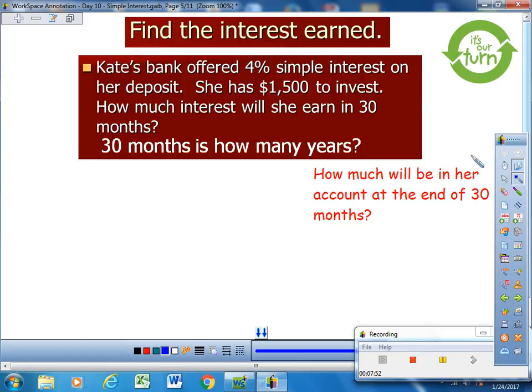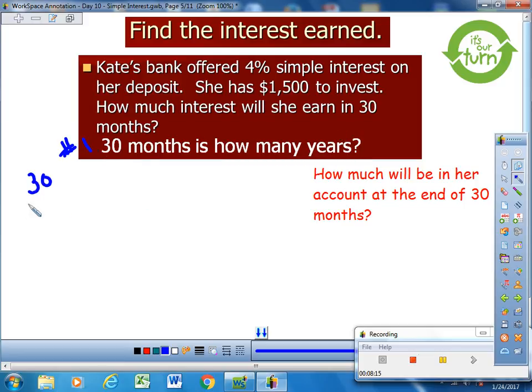So here's another one. Kate's bank offered 4% simple interest on her deposit. She has $1,500 to invest. How much interest will she earn in 30 months? So the first thing you need to do is change 30 months into how many years?